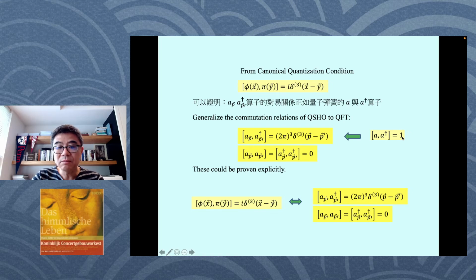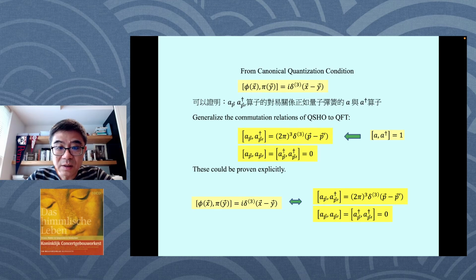The derivation is almost the same. I can simply put a first guess that the commutator of a_p and a_p' dagger equals 1 if p and p' are the same momentum, because they are the same simple harmonic motion. However, if p and p' are different, it must vanish because they correspond to different systems.